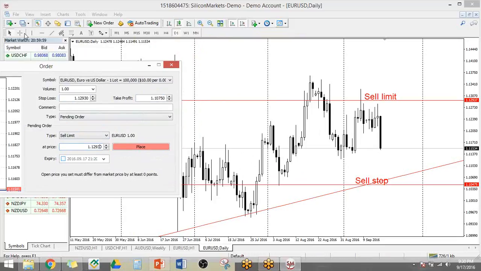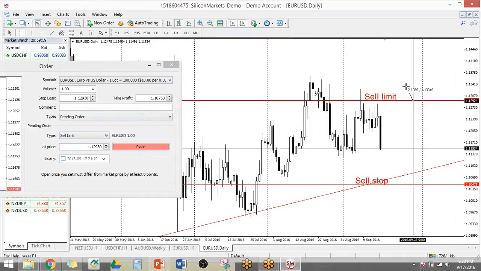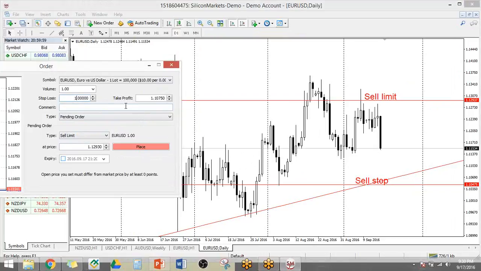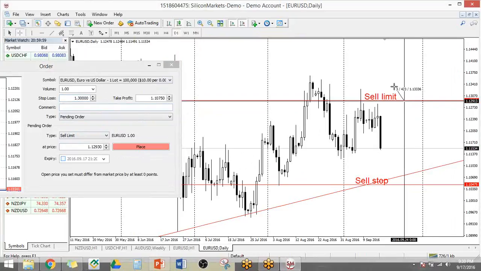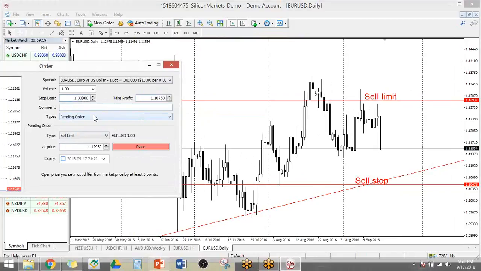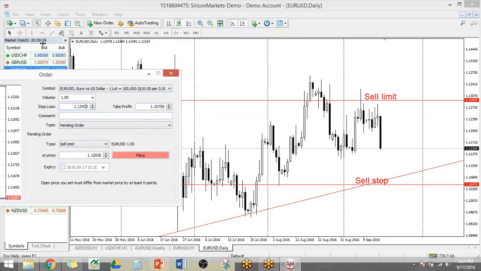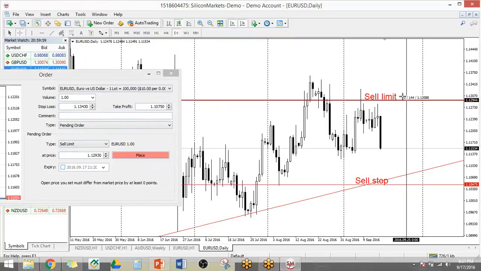And then your stop loss would be, let's say, 50 pips higher, so that it's not complicated. So that would be 1.1342. So we want our stop loss somewhere there, let's say 50 pips above, and then we want our take profit, let's say 100 pips below.